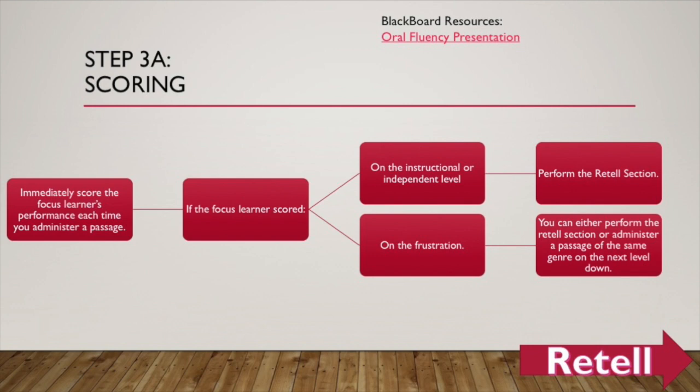If the focus learner scores on the instructional or independent level, you would move to the retell section. If the focus learner scores on the frustration level, you would stop, go down one level, and administer the concept questions for a new passage.